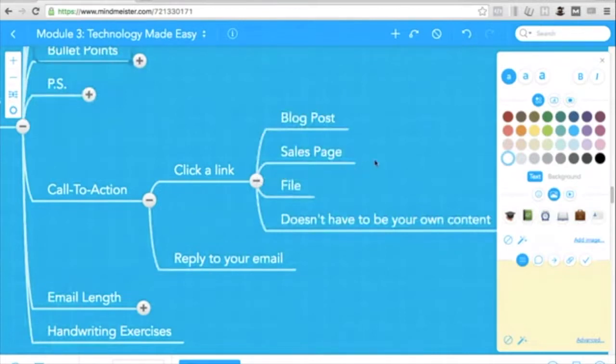For example, it could lead them to a blog post. So you write an email, make them click to the blog post. When they read the blog post, they are happy. May natuto sila, diba? Keep doing that, and they will be trained that whenever I click on Divine's email or Ramon's email, something good happens. So it will train them to keep on clicking.